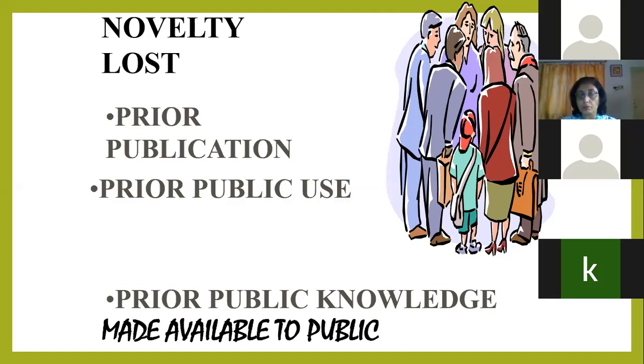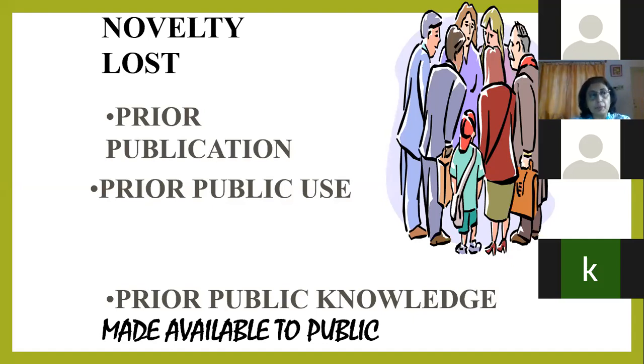Now, there was a case where a lock which was present in a gate of an old building had taken away the novelty of a patent applied later, because that lock was in public use, in use in a gate of a building which was not used by anybody. It was lying there in public. So people knew about its use, and accordingly that was prior public use.